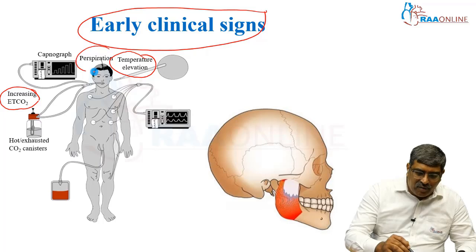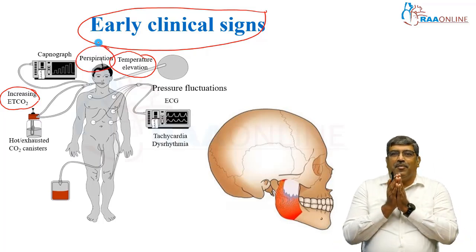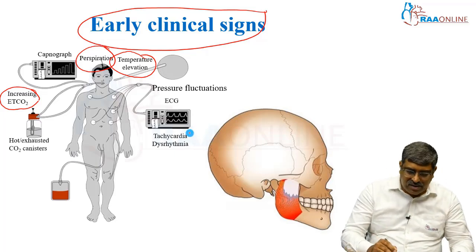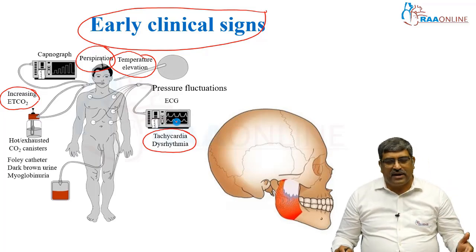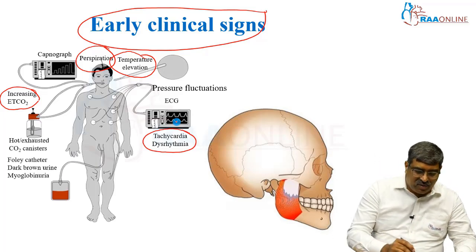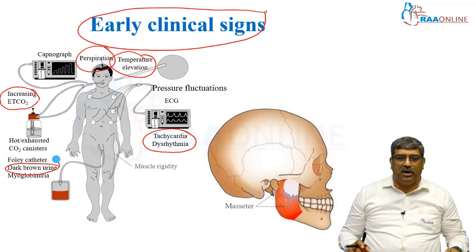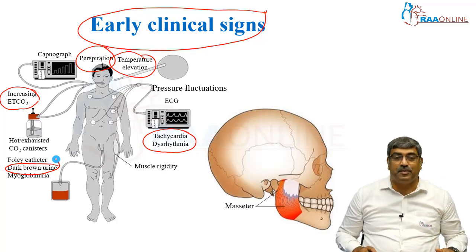The patient might have widespread sweating and there might be hemodynamic fluctuation, and in the electrocardiogram, the patient might have tachycardia or arrhythmias. And in the Foley catheter, if the patient is catheterized, you can see dark brown urine which is due to myoglobinuria. The patient might develop muscle rigidity and masseter spasm.